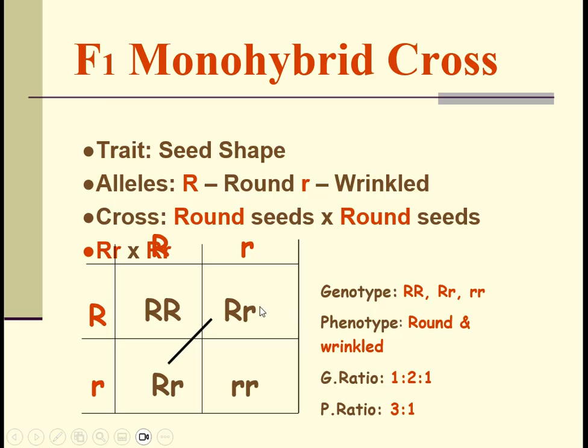If a heterozygous cross is done, what will be the case? We will get the genotypic ratio 1 is to 2 is to 1 and the phenotypic ratio 3 is to 1. That is, when we cross two round seeds which are heterozygous in nature, we will get the genotypic ratio 1 is to 2 is to 1 and the phenotypic ratio 3 is to 1.